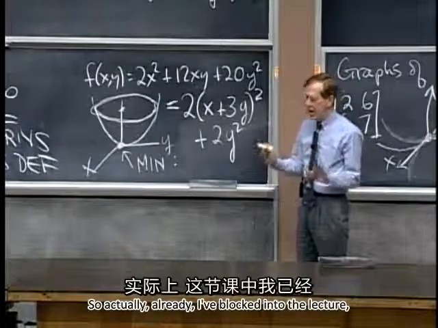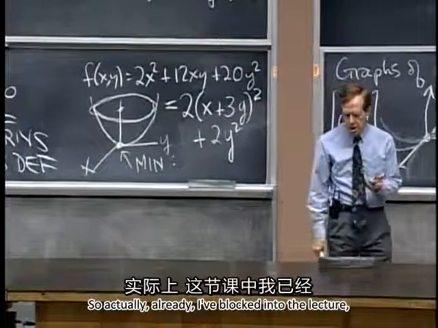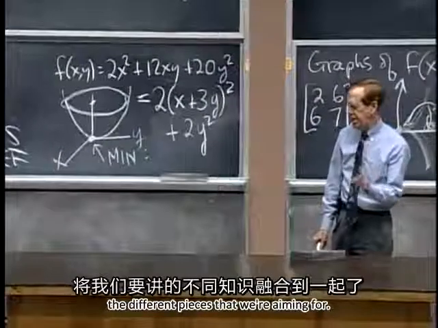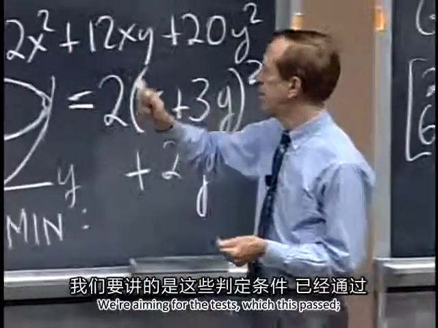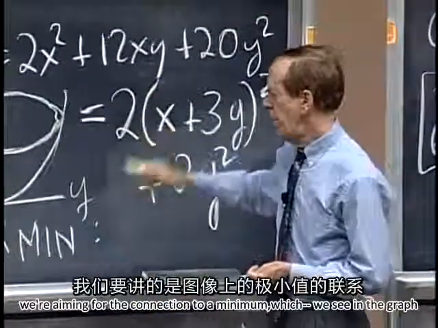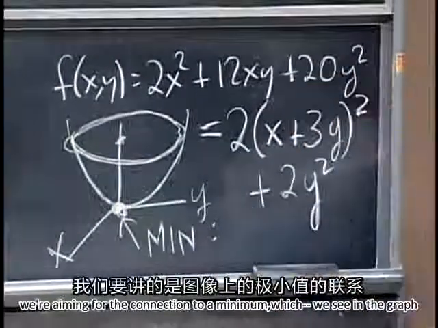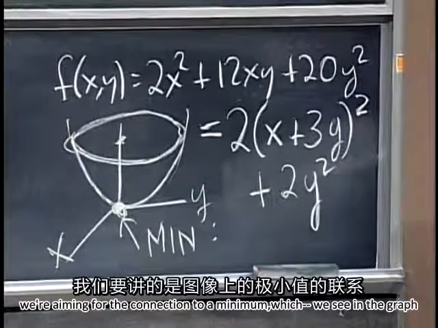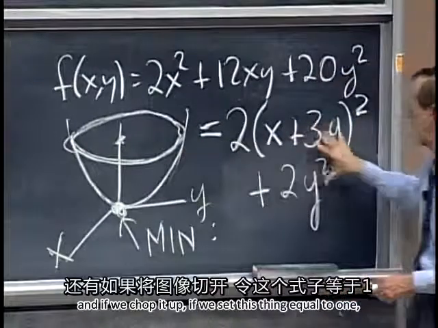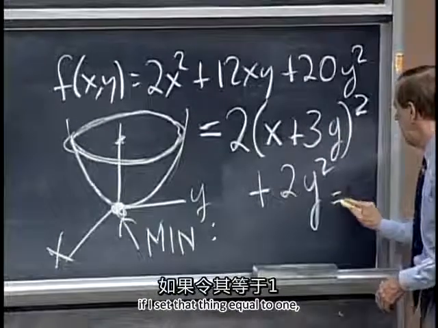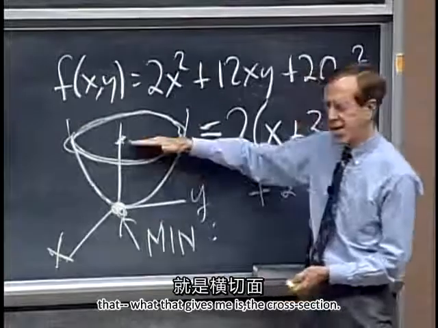So actually, already I've brought into the lecture the different pieces that we're aiming for. We're aiming for the tests, which this passed. We're aiming for the connection to a minimum, which we see in the graph. And if I set this thing equal to 1, what that gives me is the cross section.